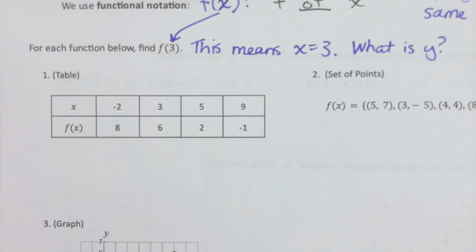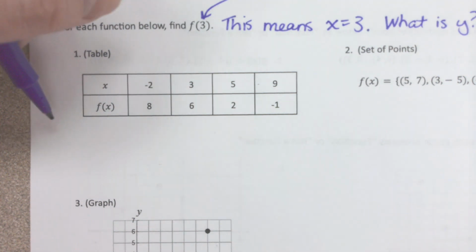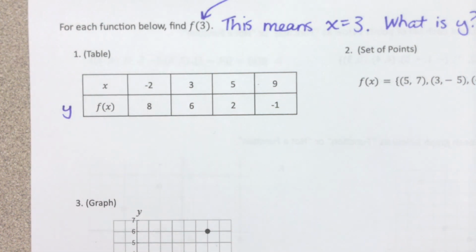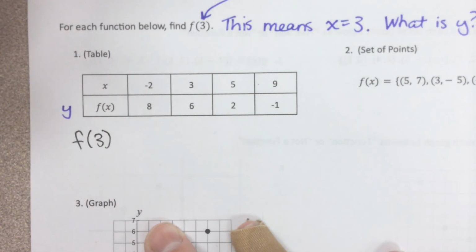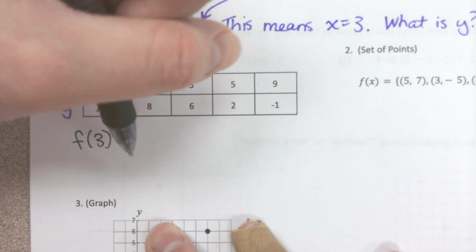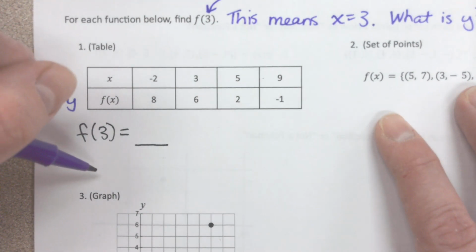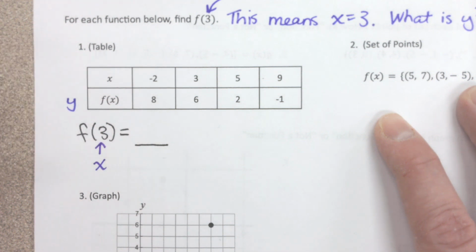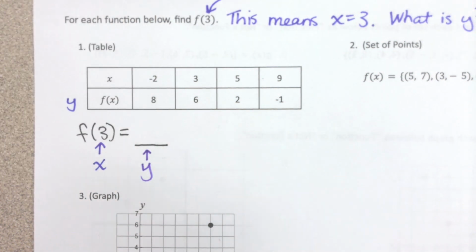So let's look at the table first. We have our x's and then f of x, which remember is also y, same thing. The question is f of 3. So again, that 3 is the x value. So what we're trying to find is the y value.